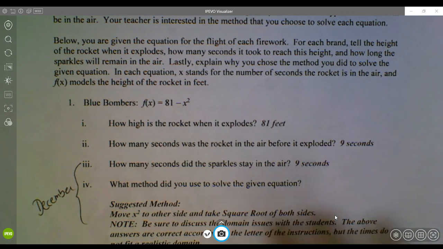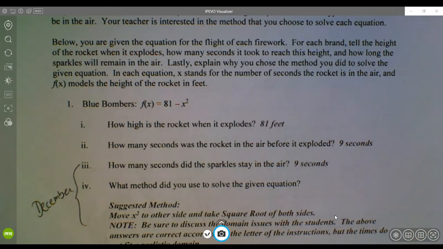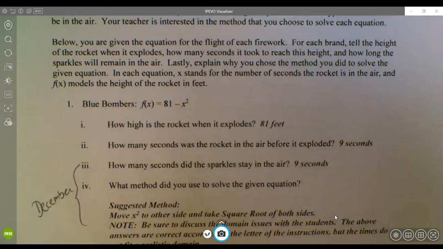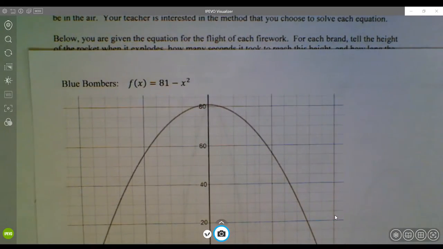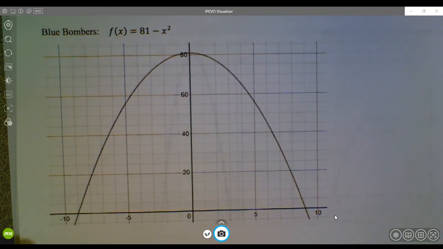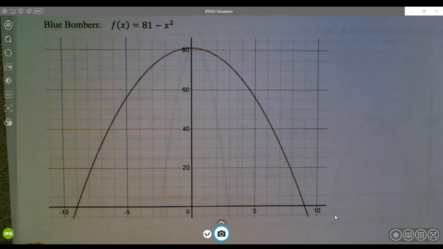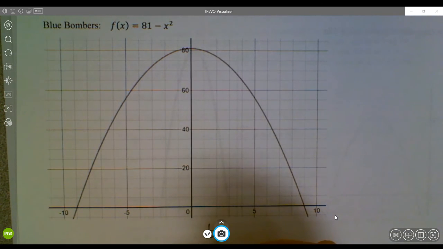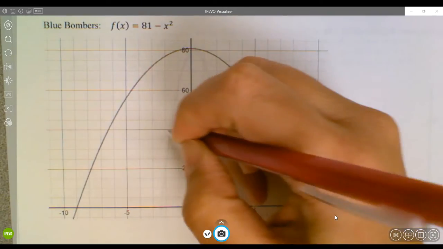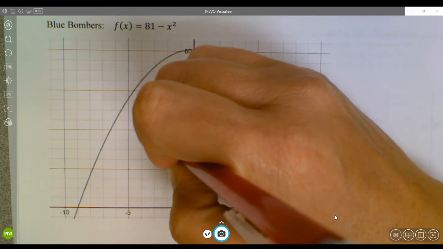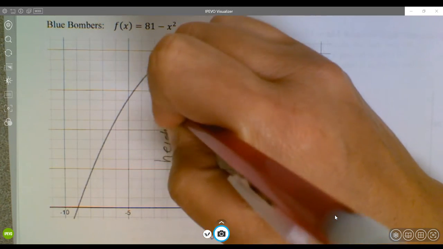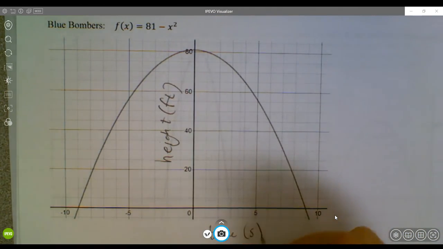So the first type of firework we're going to trace is the Blue Bombers firework, okay? The Blue Bombers firework has an equation of 81 minus x squared. So the graph is a little misleading because remember, we're dealing with time here, and height here. And this is in feet, and this is in seconds.